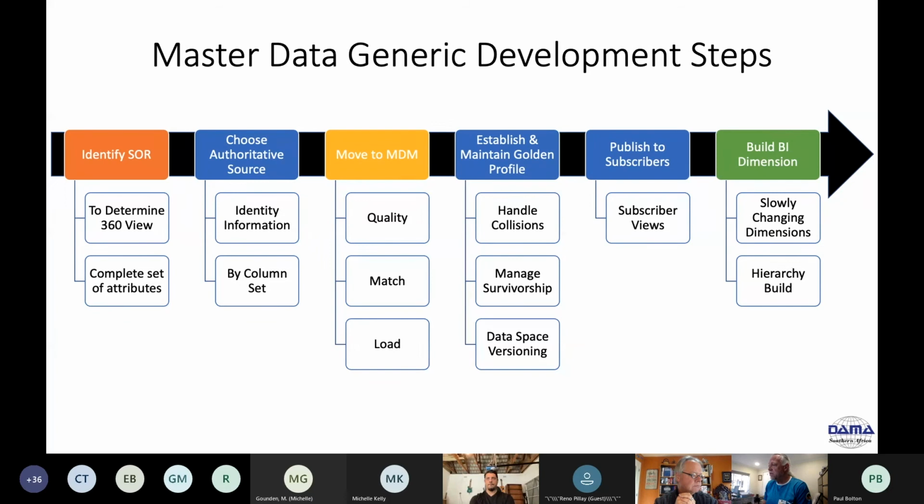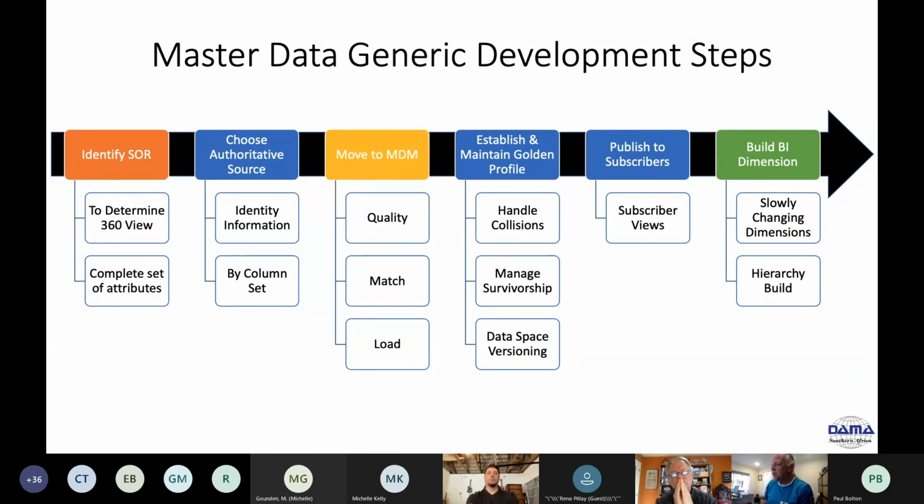Once we've established that, and that's a lot of the modeling that comes through, we will then go into getting the data into the master data management system, getting the quality right, understanding the matching and the loading, and then focus on maintaining the golden profile. As we've done that, and then things change in the system of record, and they try to come back in again, we'll pick up collisions.